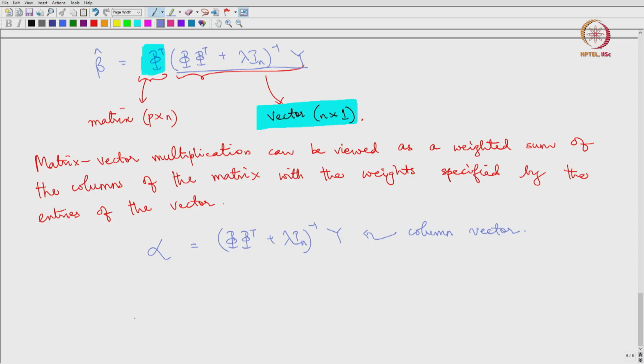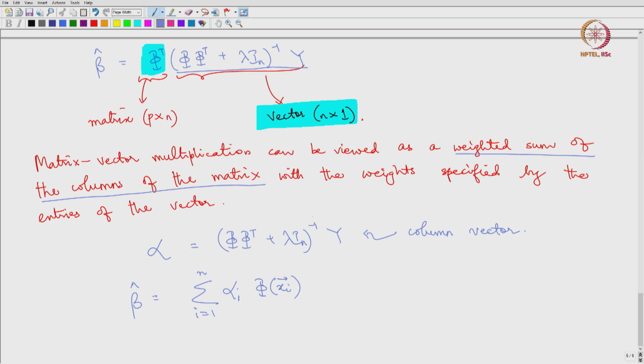So what we are saying is that beta hat is the sum, i going from 1 to n, of alpha i times the columns of the phi transpose matrix.